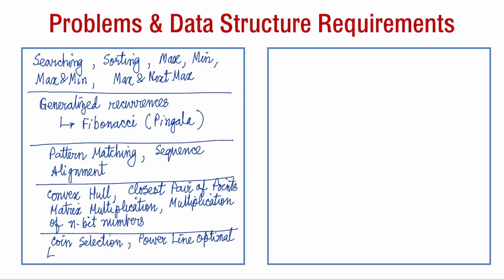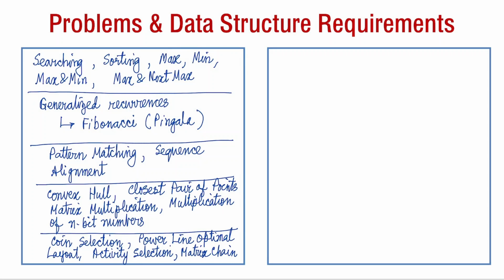Power line optimal layout. Then we have seen the activity selection problem. We have seen the matrix chain problem, and so on and so forth.